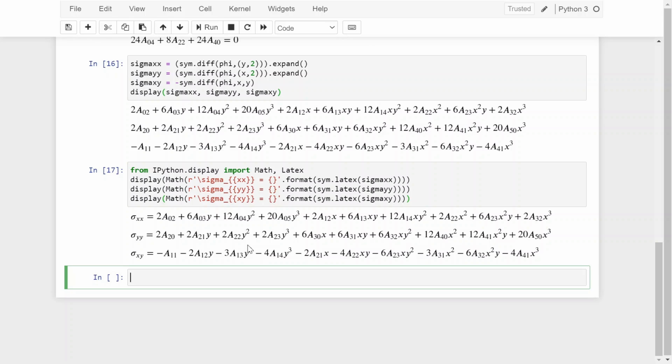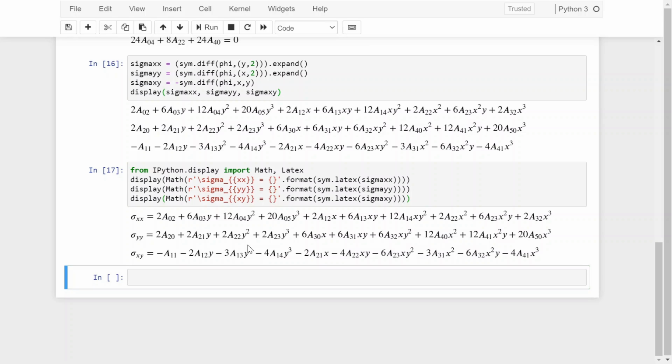For the boundary conditions, we are going to take up the edges one by one. So it might not be a bad idea to use the markdown facility to write a little bit of description before we implement those boundary conditions through our symbolic Python code here.